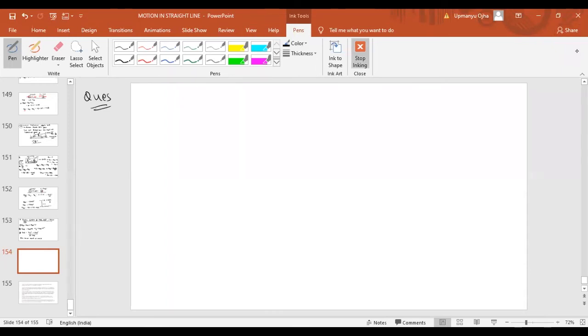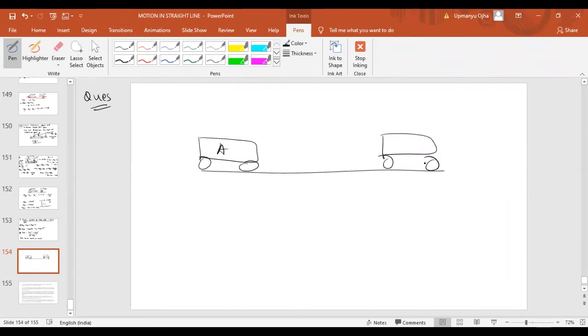Let us suppose we have two cars, car A and car B. You don't need to derive this equation.